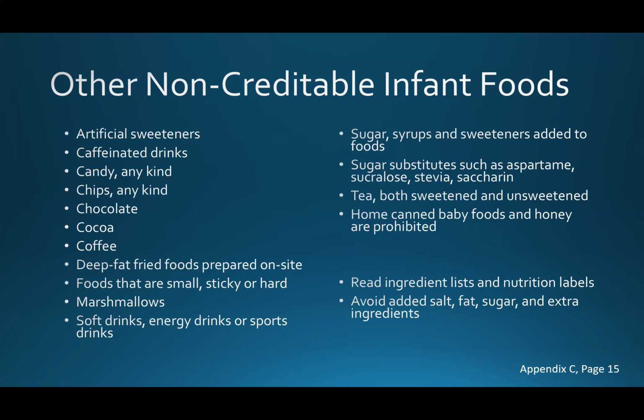Home canned baby foods and honey as an ingredient or served alone are prohibited as they pose a health risk to the infant. Be sure to read ingredient lists and nutrition labels to avoid infant foods with added salt, fat, sugar, and other extra ingredients that contribute little nutritive value.